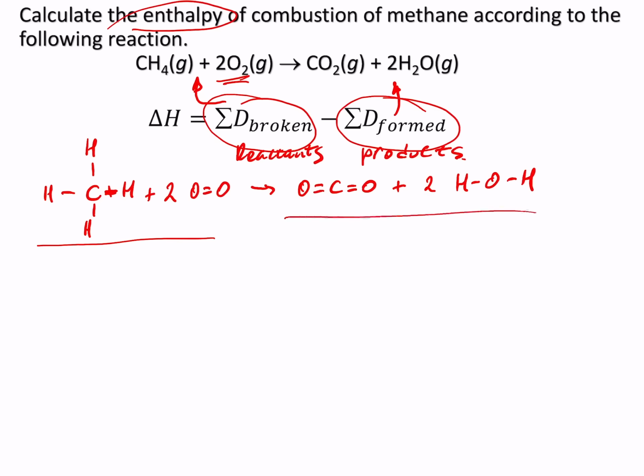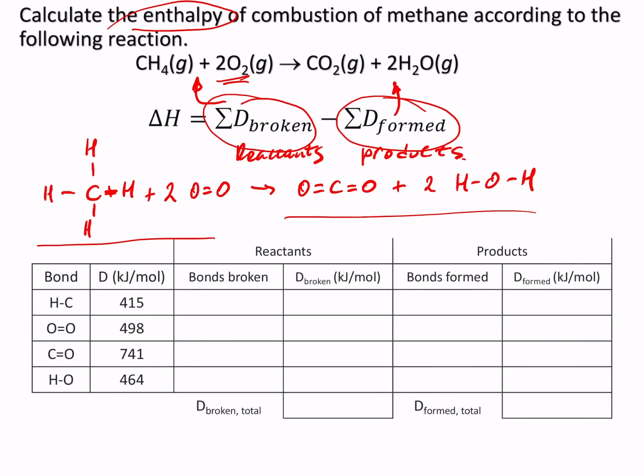The way I want you to approach this problem is to use a table like this. At the beginning, try to do the table like this, and as you do more exercises, it will be less and less necessary, but it makes it clearer what's going on.